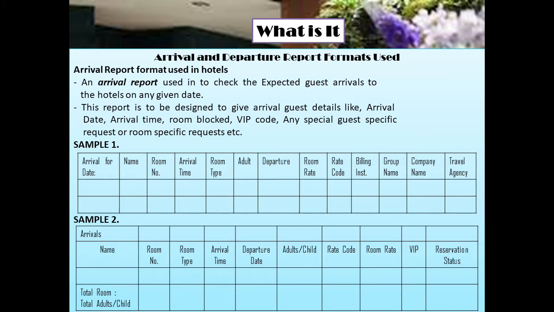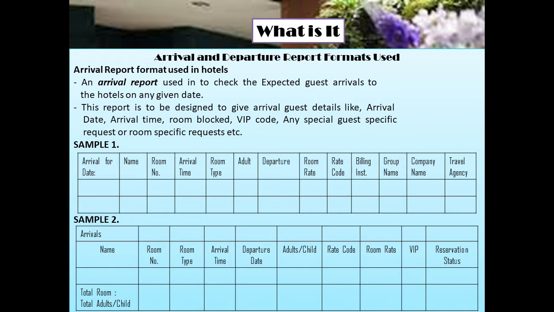Okay, let us take a look at samples 1 and 2. Under the first column, we have arrival for and then the date, followed by the name. Next is the room number, the arrival time, room type, adult, departure, room rate, the rate code, billing instructions, group name, company name if any, and the travel agency.